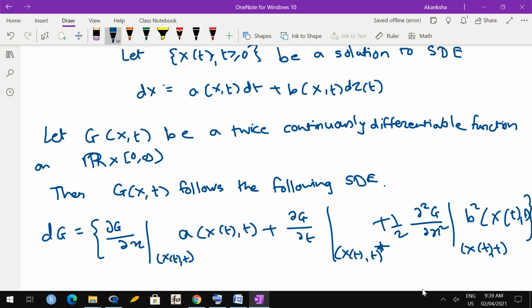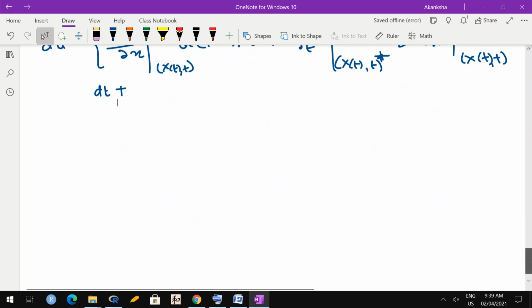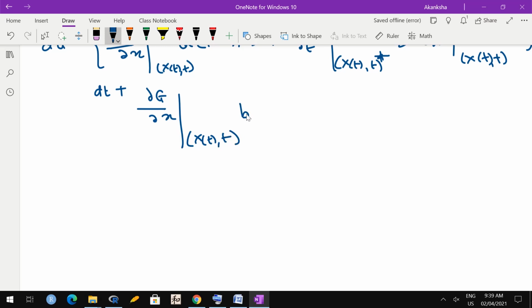This curly bracket closes, and you have dt outside the curly bracket, plus ∂g/∂x again evaluated at (xt, t) times b(xt) dz.